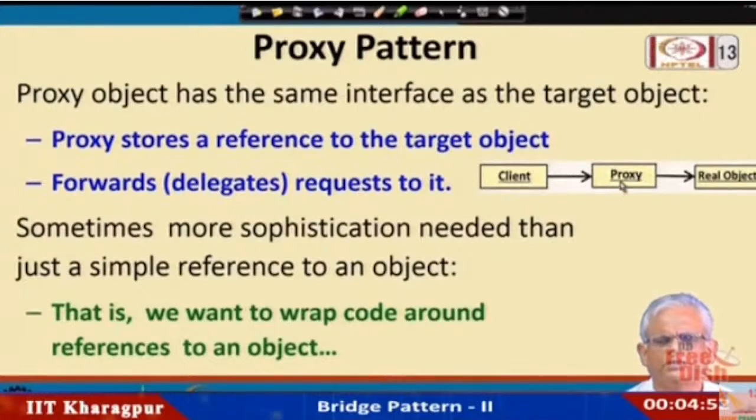The proxy can answer many of the queries of the client, or many of the service requests it can handle itself, and some it may forward to the real object or the server, but then it may wrap some code around it, doing pre-processing and post-processing steps. So, those are the roles of the proxy.